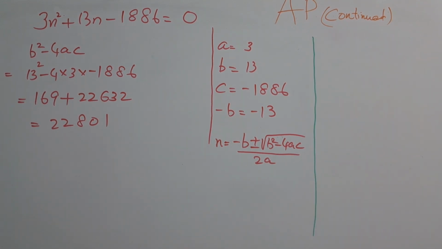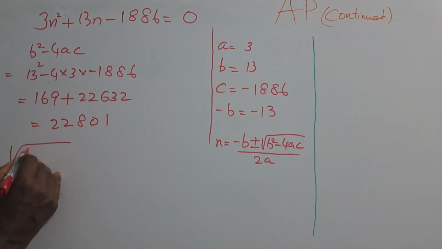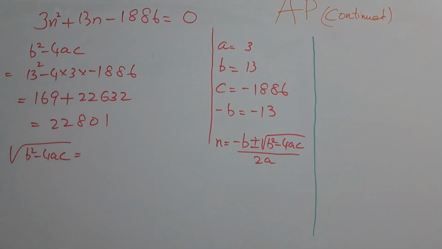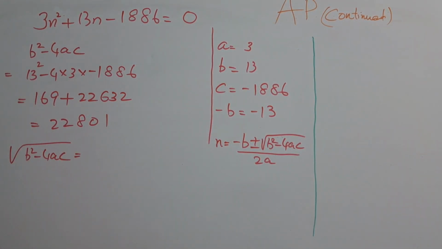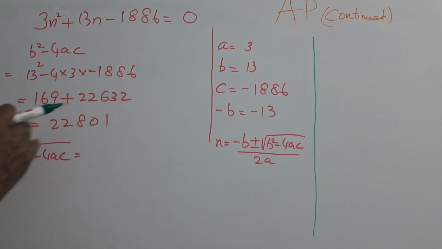Now we need to find the square root of this number. Root of b square minus 4ac is equal to, I'll explain how to find the square root by the division method. For those who have some difficulty with these things, you can make it very clear. In order to find the root, we group the numbers from right to left by 2 each.